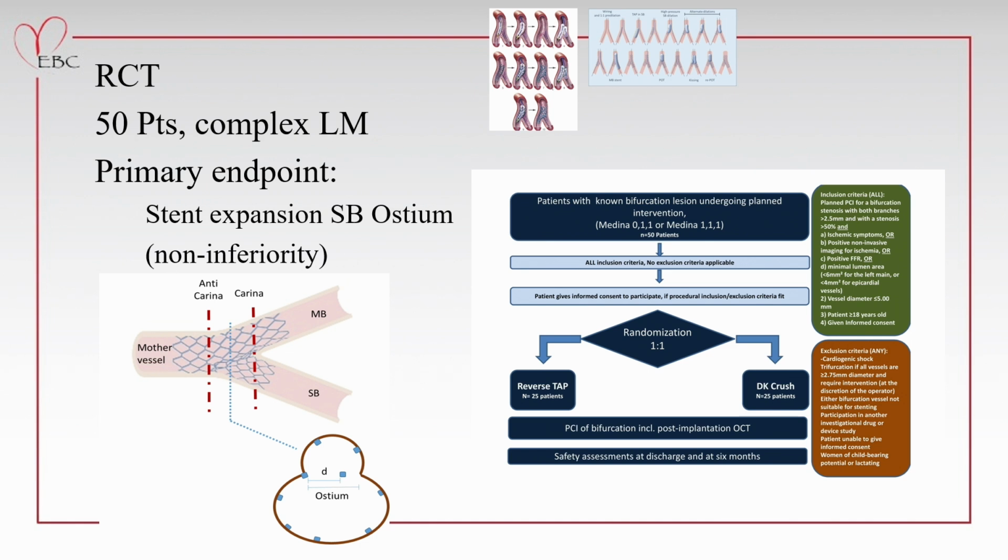The primary endpoint, of course, in a randomized controlled trial, you have to choose one, and the most reasonable to me seemed to be the stent expansion at the level of the side branch ostium, which is also the position where we learned in the previous session most of the restenosis occur.